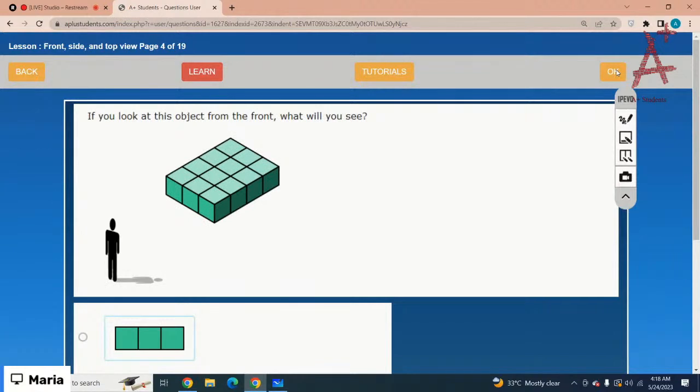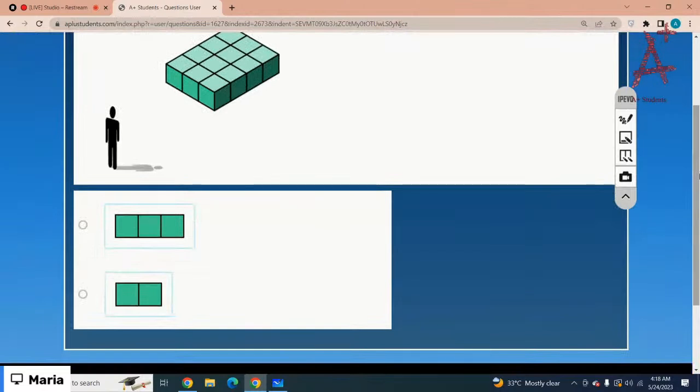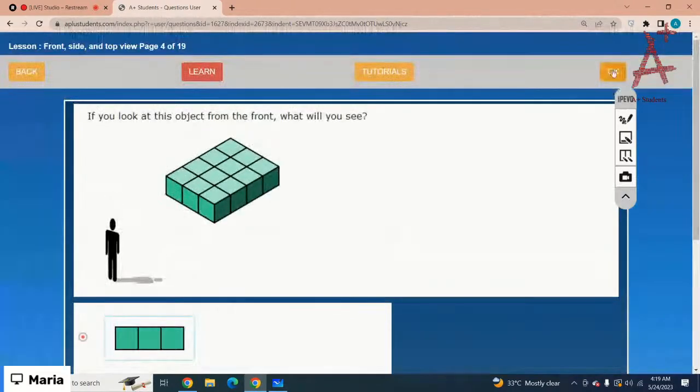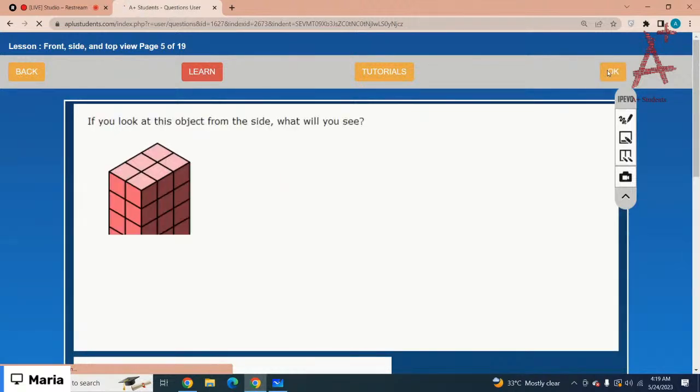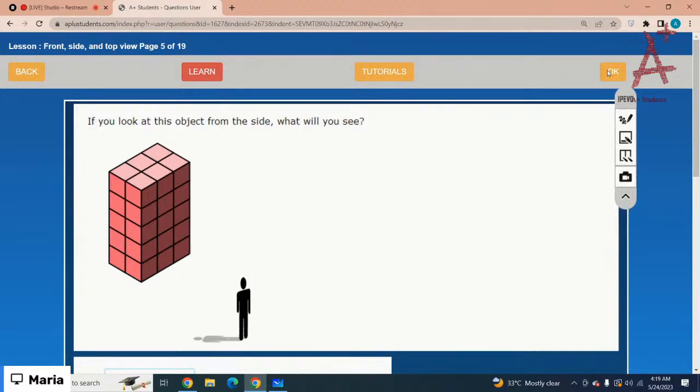Okay, if you look at the object from the front, what will you see? So, which is the correct option, one or two? You can see the first one. Okay, if you look at this object from the side, what will you see?